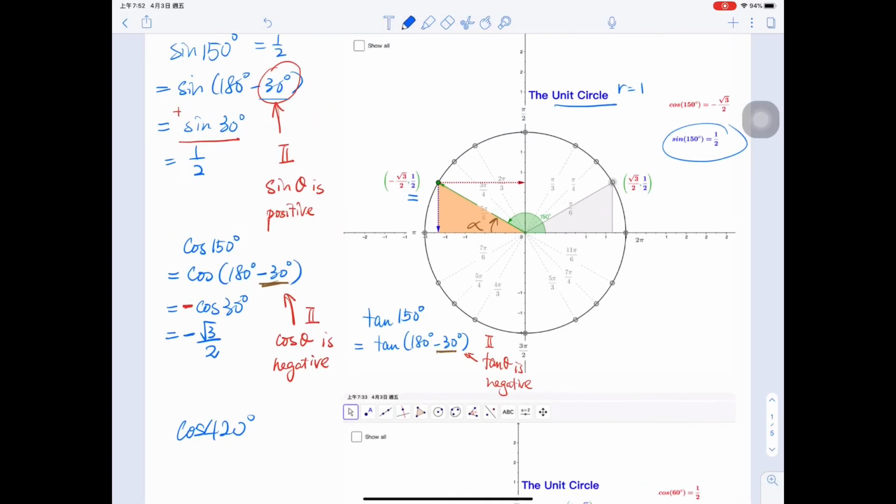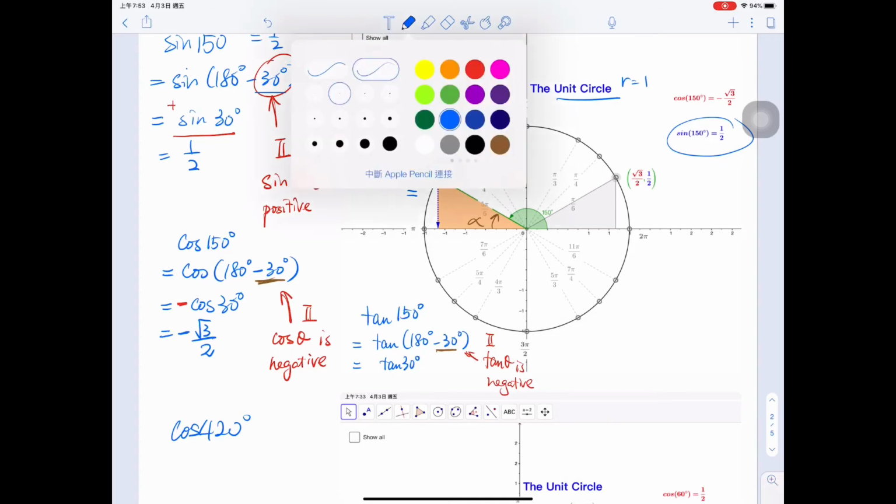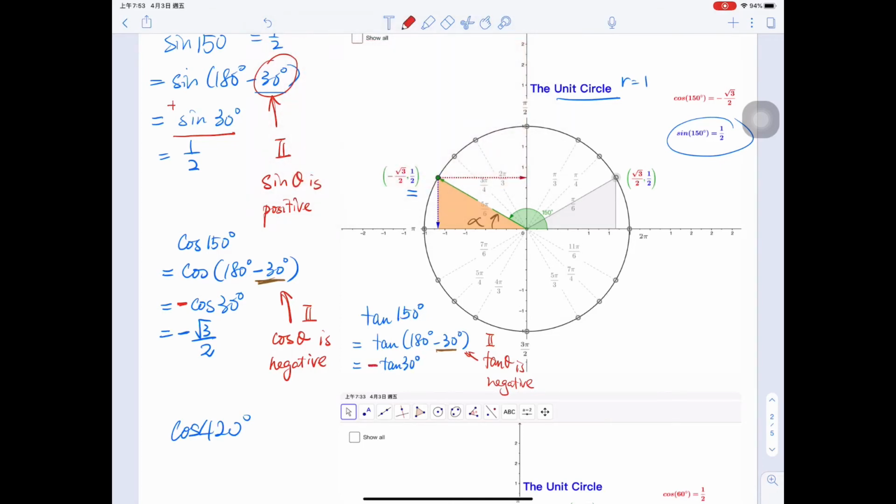Therefore, this one is related to tangent 30 degrees with a negative sign. So at the end, the answer is what? Yeah, this one is negative 1 over root 3. Correct. Negative 1 over root 3, or you can write it as negative root 3 over 3.